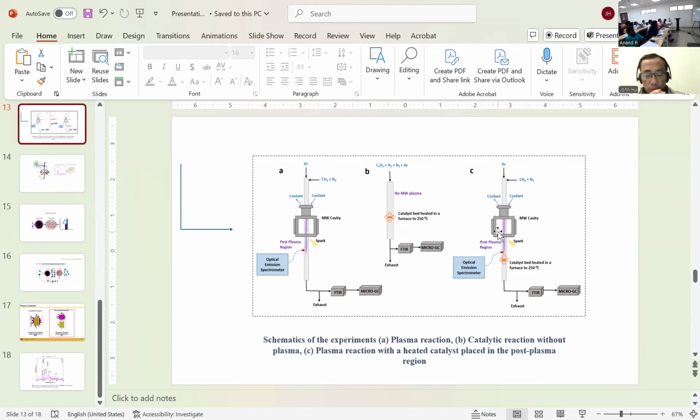Now, to measure energy efficiency, there's no way you can measure how much microwave power ends up on the molecule, because during the microwave transmission and during the microwave plasma generation, there's so much energy loss.